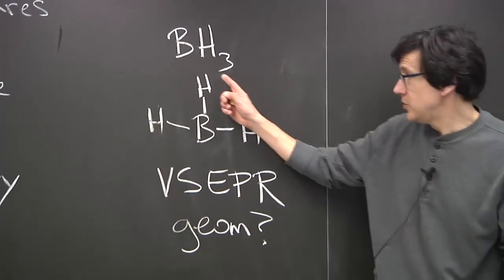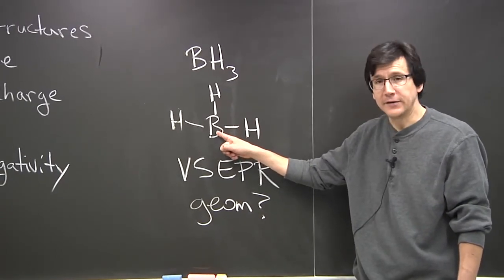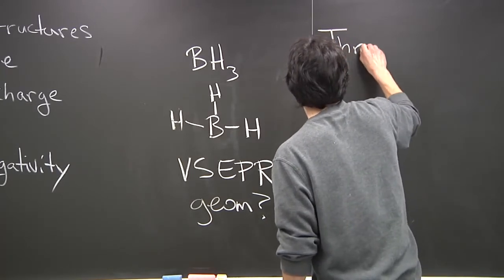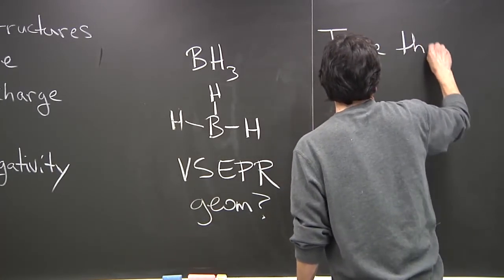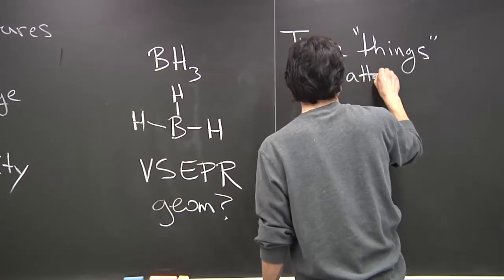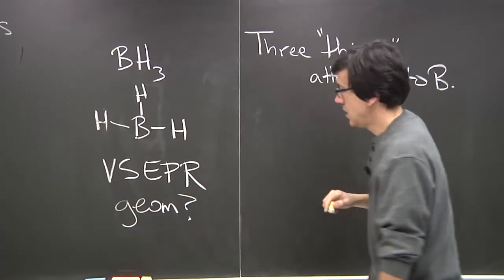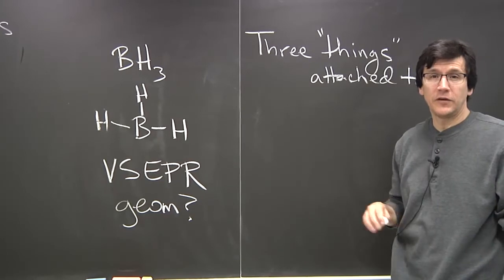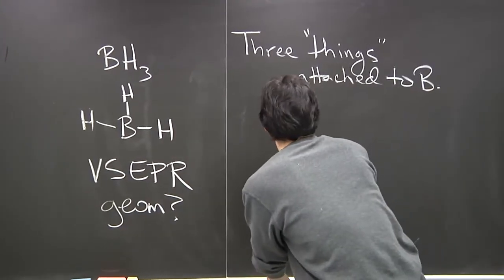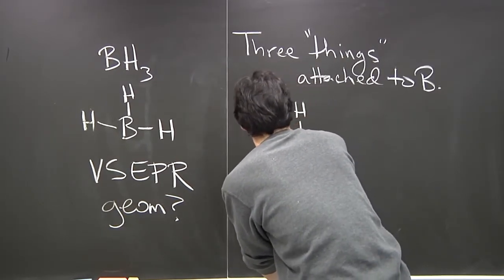Well, VSEPR tells you to figure out how many things are attached to the central atom, which in this case is boron. So in this particular case, we have 3 things, namely the 3 hydrogens attached to B. And the way for those 3 things to be as far apart from each other as possible is a geometry of this type, where all 3 hydrogens lie in the same plane.